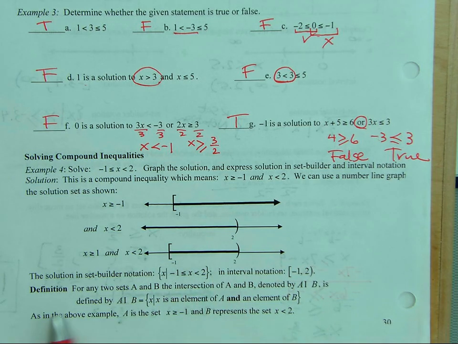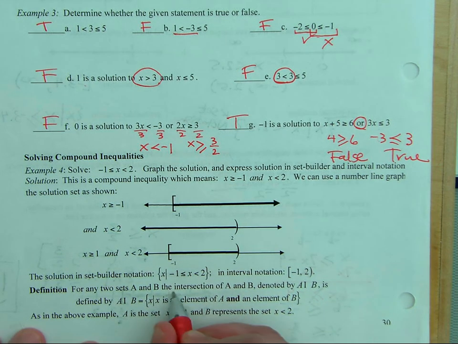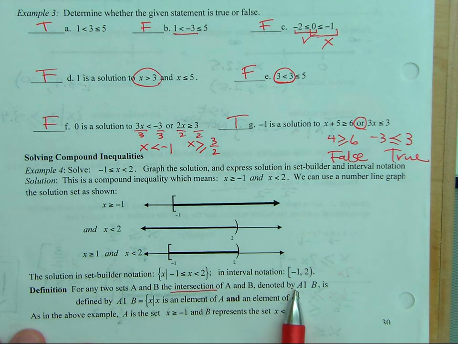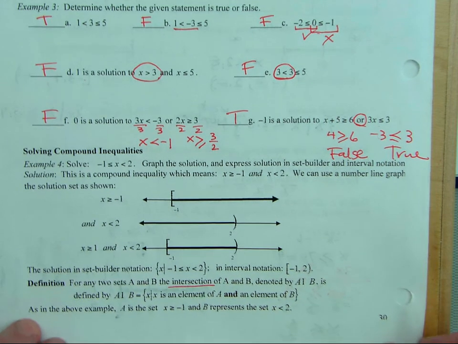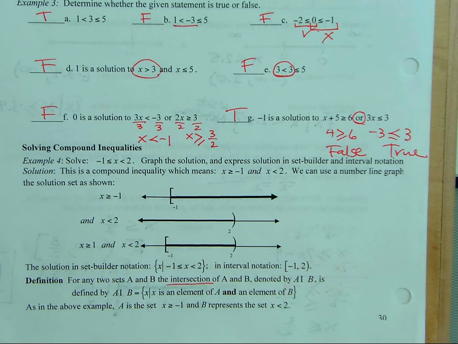Okay, so the definition: for any two sets A and B, the intersection, and that word intersection refers to "and", of A and B is denoted A ∩ B and is defined as x is an element of A and an element of B. So basically this is where they're intersecting, because I can't have either thing be true, I need both things to be true.